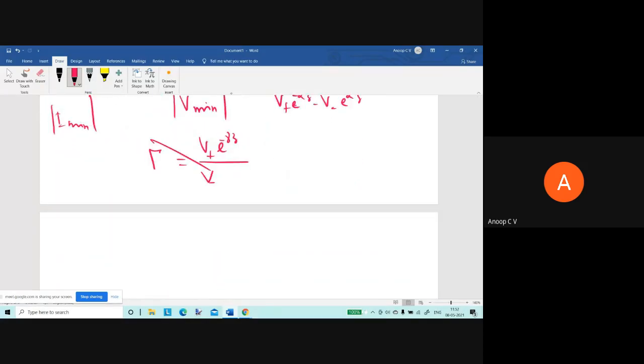The reflection coefficient gamma is V reflected by V incident. That is equal to V minus e power alpha z e power j beta z divided by V plus e power minus alpha z e power minus j beta z.